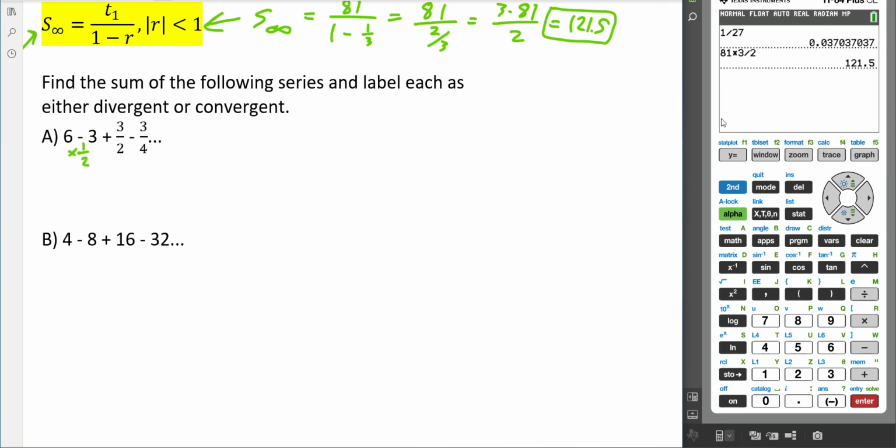This is multiplying by -1/2, and you can do that over and over again. This other one is multiplying by -2. So the top one is convergent. The bottom one is divergent.